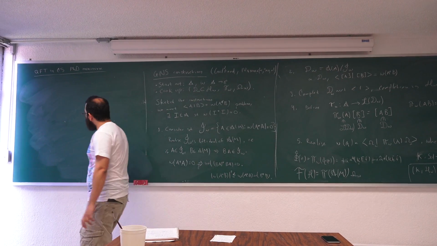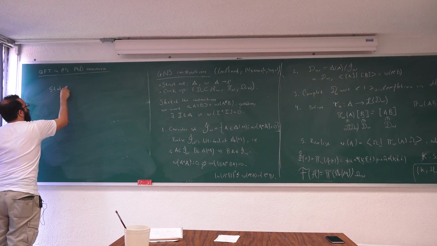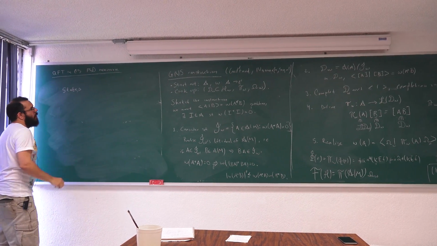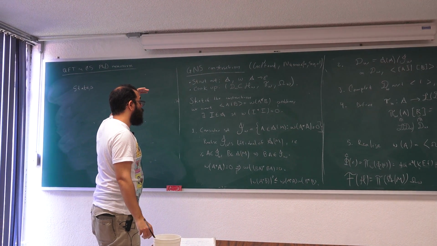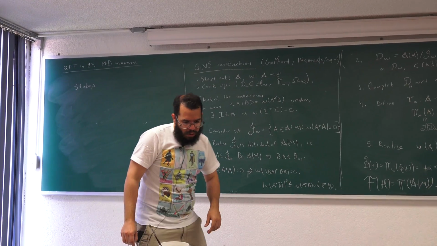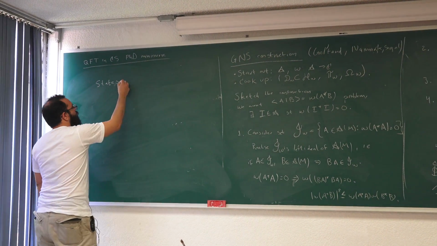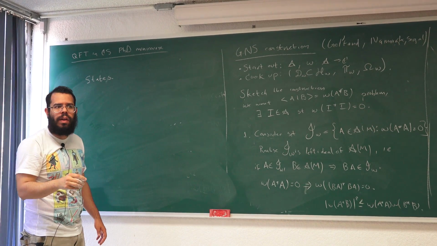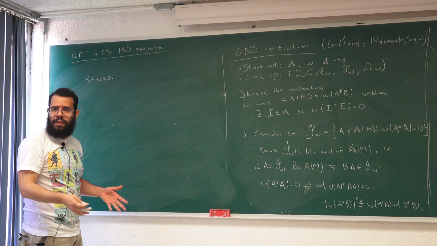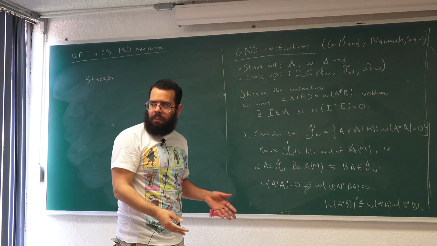In particular, we're going to realize that for states, especially quasi-free states, it is useful to think of them as defined by the two-point function, as I said, and to view the two-point function as a bidistribution.